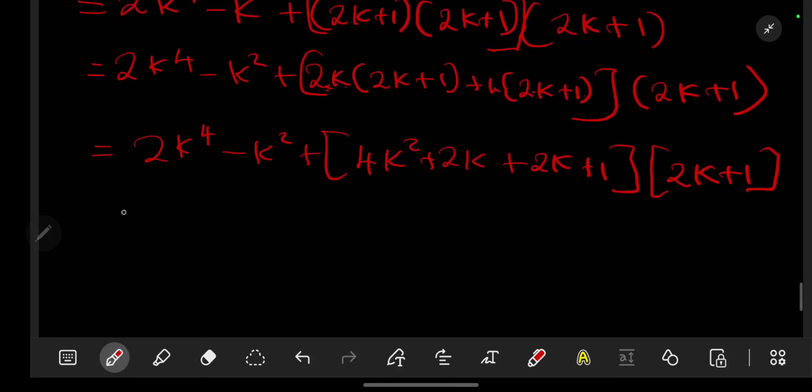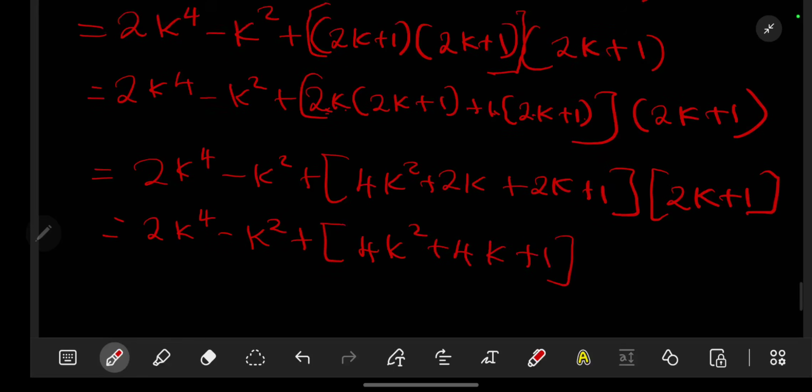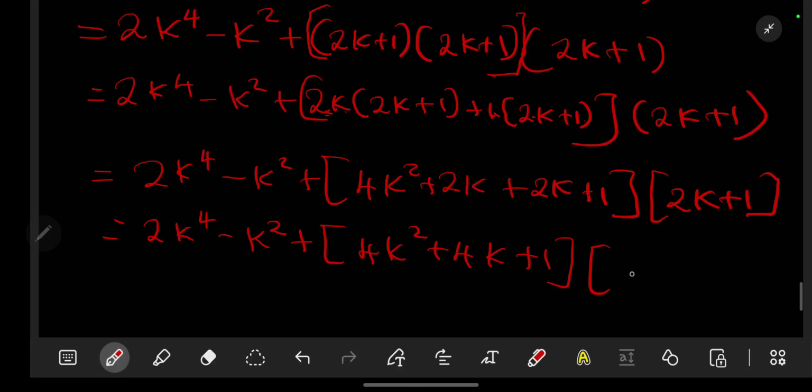So this gives us 2k to the power 4 minus k squared plus, what do we have? We have 4k squared. 2k plus 2k, it will be 4k. Then plus 1. Multiply again with our 2k plus 1.